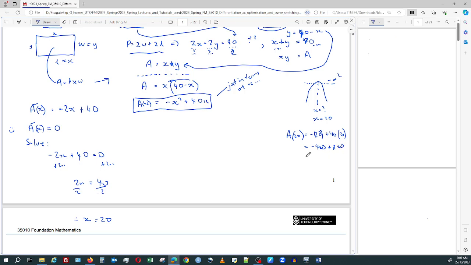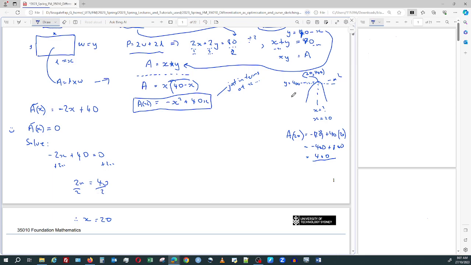So what we get is minus 400 plus 800, which is a height of 400. So our y value is equal to 400. That's the coordinate. So this coordinate is 20, 400.